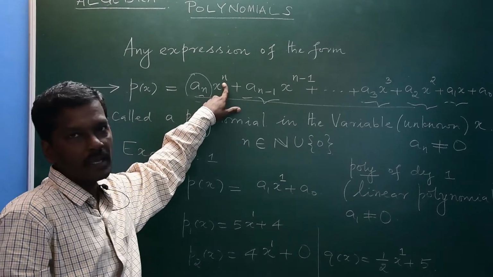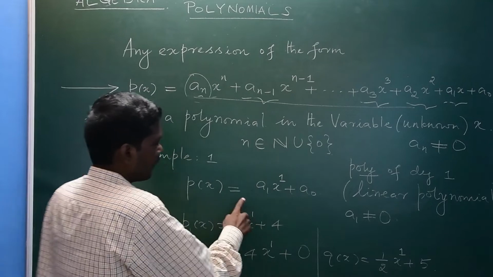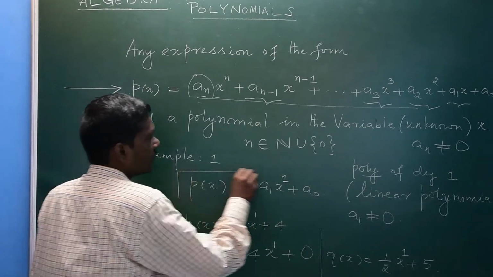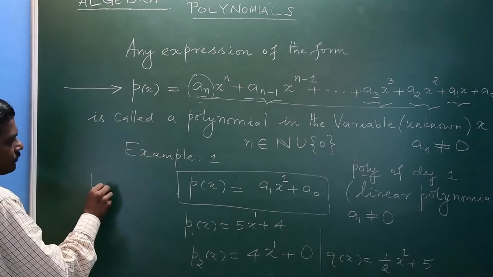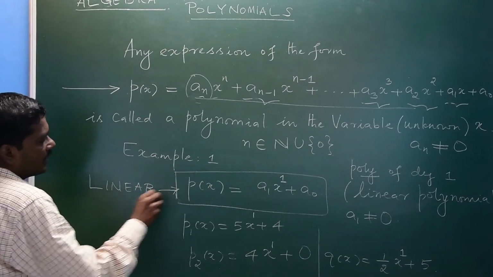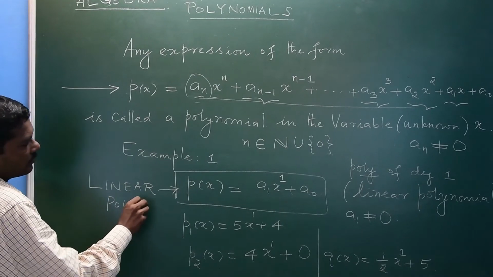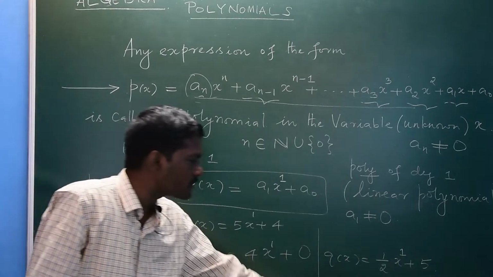The degree should be a non-negative integer. So this is the general linear polynomial, first degree polynomial or linear polynomial.